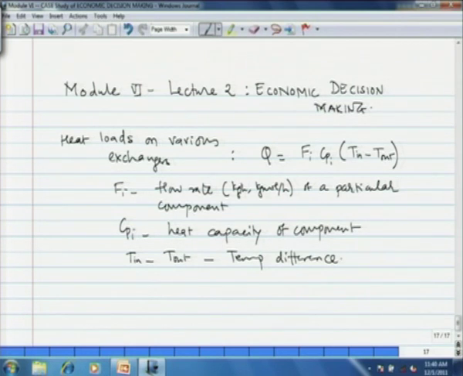With this, we can calculate the areas of different heat exchangers of our process using the relation Q is equal to U A delta T. For determining U, the overall heat transfer coefficient, we again make use of heuristics depending on the type of fluid that is inside the tube or inside the shell.